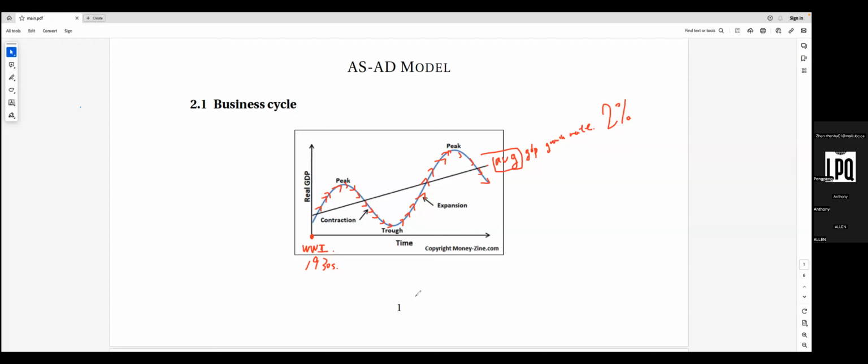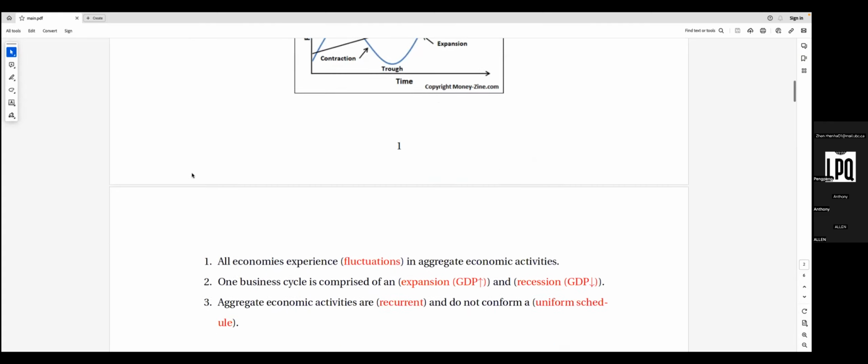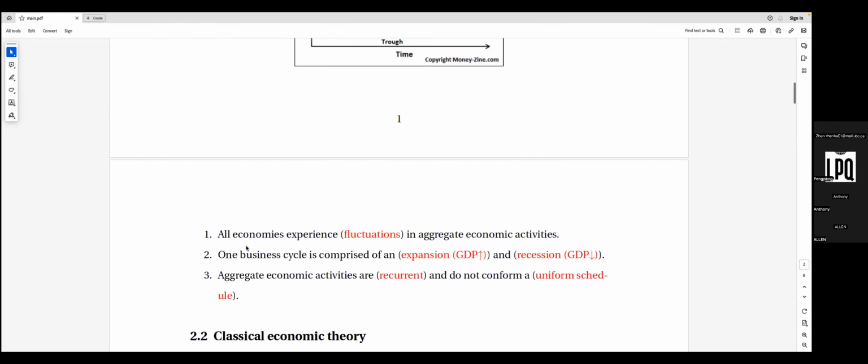And this phenomenon is called the business cycle. So let's see three features, three properties of a business cycle. Already mentioned this: those expansionary times, those years when GDP increases, are called expansion. Those years when GDP decreases are called recession.